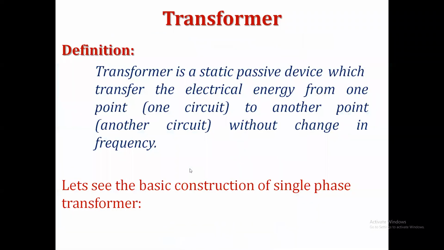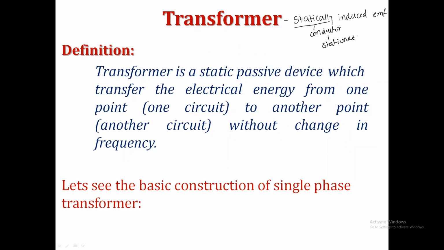Now try to read the definition here. As I said, the transformer is an example of statically induced EMF. And statically represents that the conductor is stationary. Am I right?